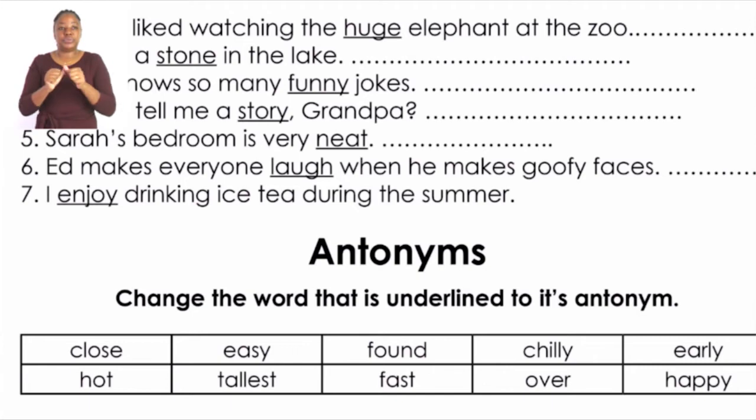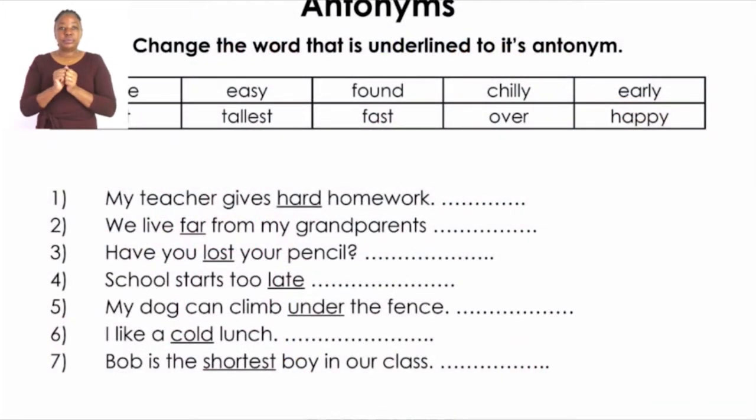Let's take a look at antonyms. Remember, an antonym is a word that is the opposite of another word. If you look below, you have a table, and it is also asking you to change the underlined word. Let's look at number 1. Number 1 says, my teacher gives hard homework. I hope your teacher does not give you hard homework.